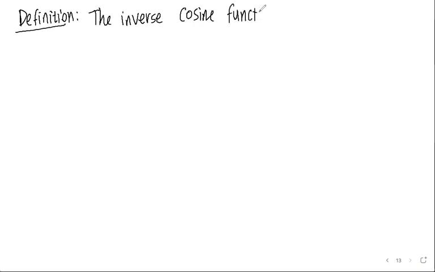So, definition. The inverse cosine function is the function cosine inverse of x.